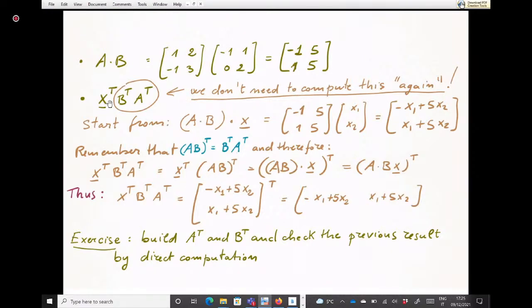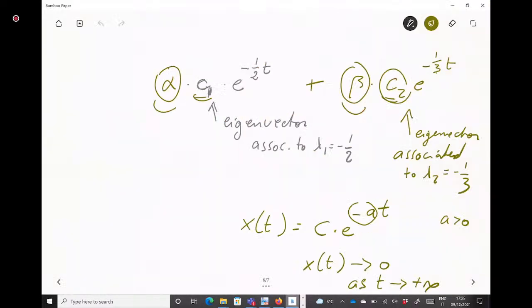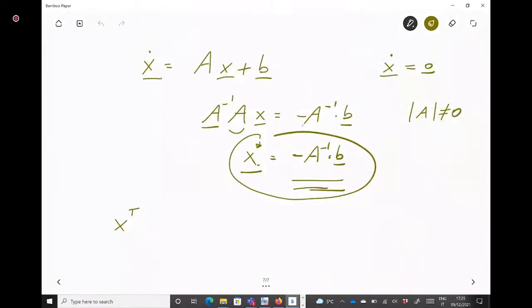Now, X transpose times B transpose times A transpose. Suppose that you want to compute X transpose times B transpose times A transpose. Remember that in the product between matrices and vectors, the associative property holds.